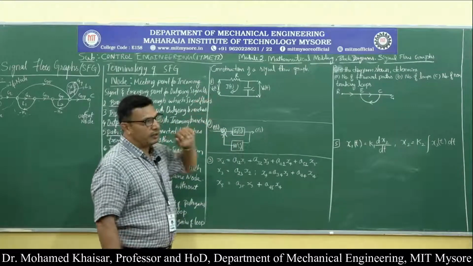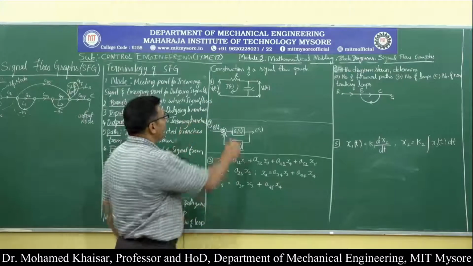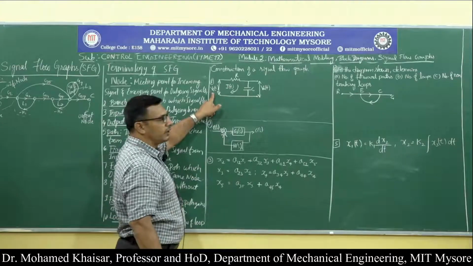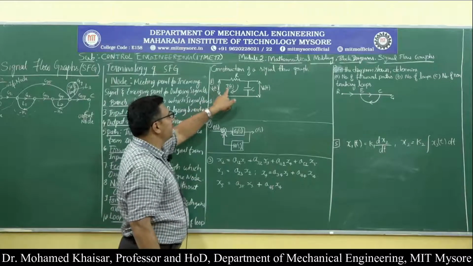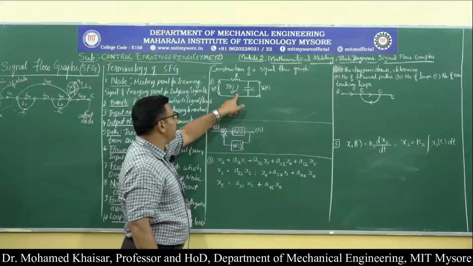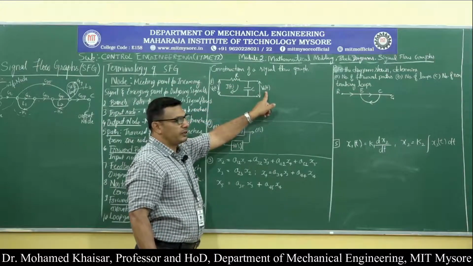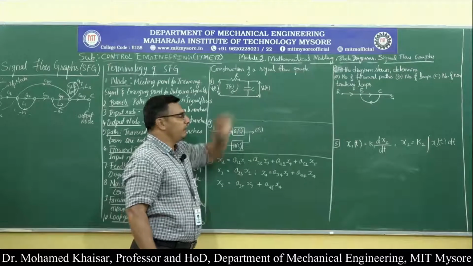Suppose we are given an electrical system as drawn over here. It has input voltage Vi, current i(t) flowing through the circuit, a resistor, a capacitance, and the voltage available at the output is V0(t).